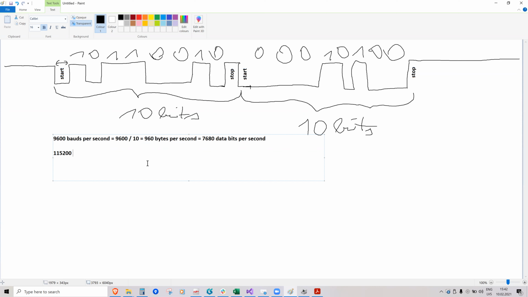So often you open a datasheet of some device and it says the speed is 115,200, and you might wonder, why not just 100,000 bauds per second? Well, because somehow they use a multiple of 9600. This is a very popular speed, 115,200, used almost everywhere in newer communications, and it's 12 times faster, so it's good.